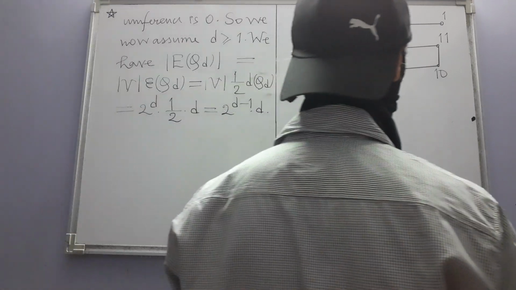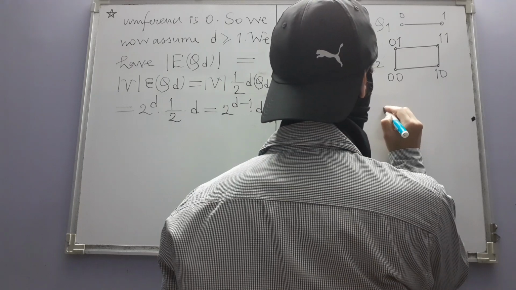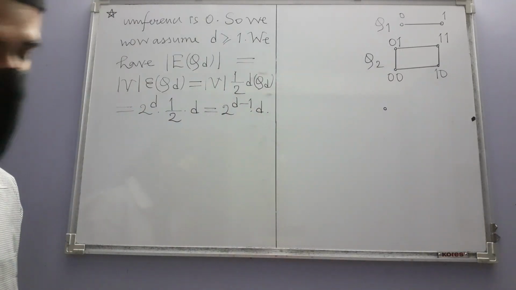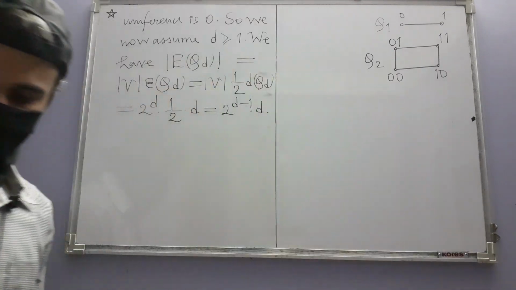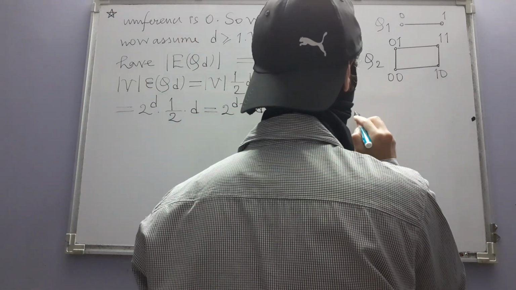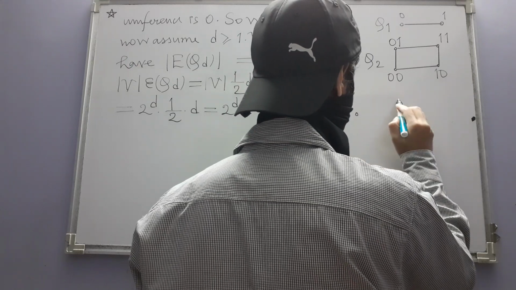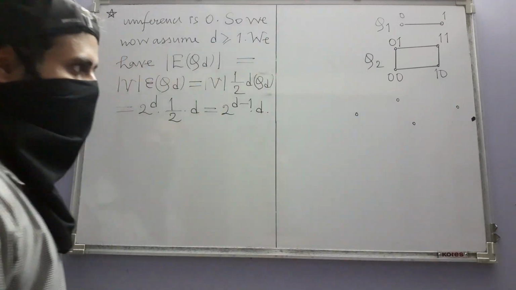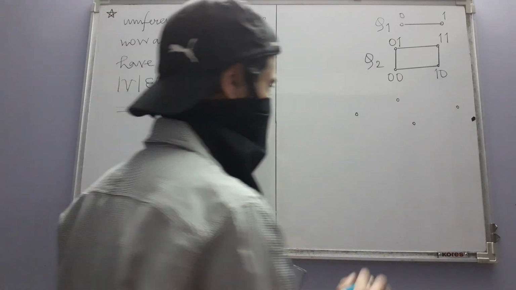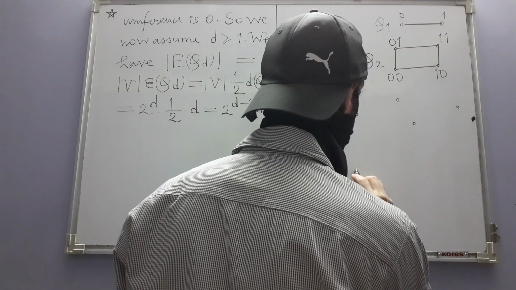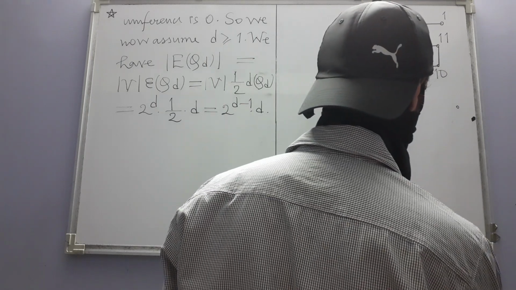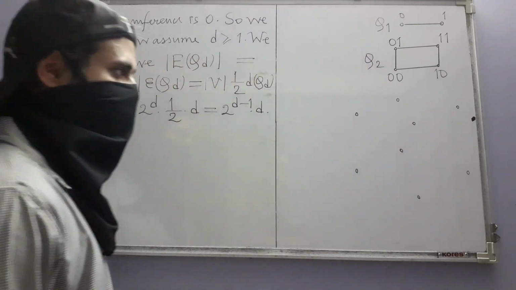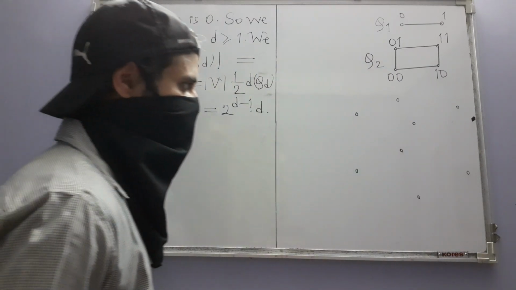Now how would Q3 look? In Q3, I think it will be better if I draw a larger diagram so that you can see why we call it a d-dimensional cube.